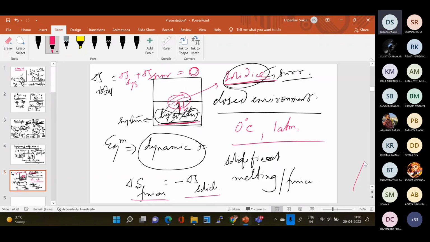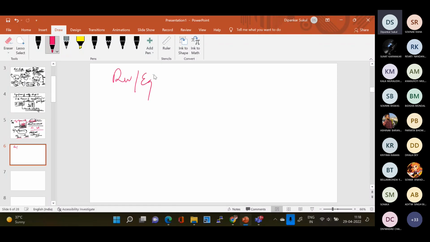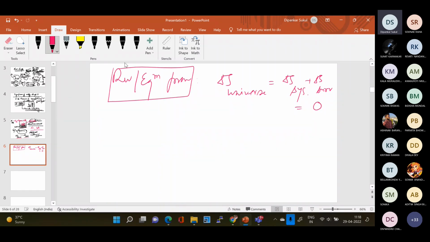So that's why we can say for a reversible or equilibrium process, the entropy change of the universe, which is equal to the entropy change of the system plus the entropy change of the surrounding, is equal to 0. For a reversible or equilibrium process, the total entropy change of the universe will be equal to 0.